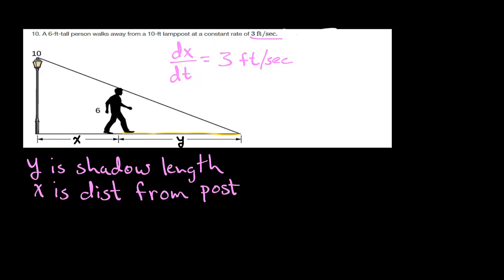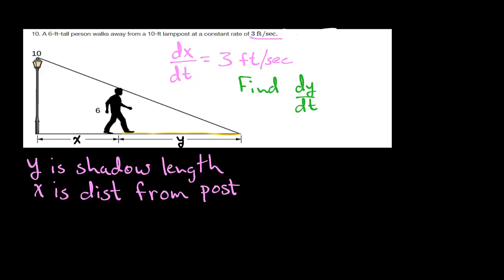Now, I want to find a couple of things. I want to find dy/dt. In other words, I want to find how fast the length of his shadow is changing.